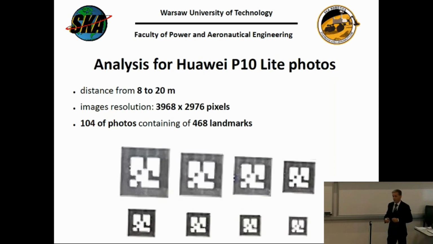I've taken hundreds of such images, with increasing distance of landmarks from the camera, in a range from a few meters up to 20 meters. And here we can see how the quality of such markers decreases with increasing distance, but for lower resolution images, this quality drop is even more visible.